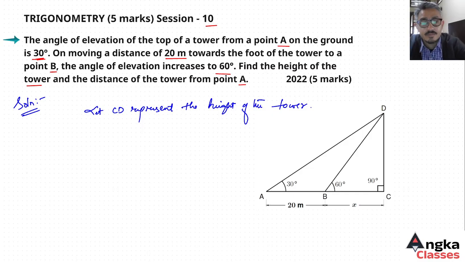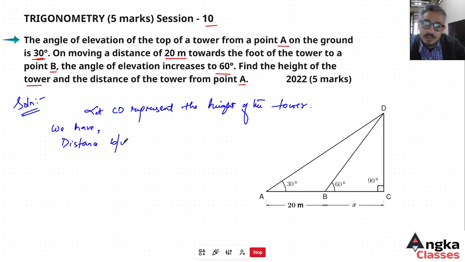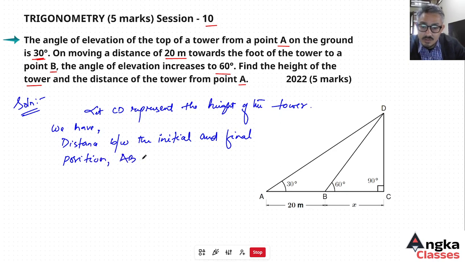Now, we have the distance between the initial and final position, that is AB.